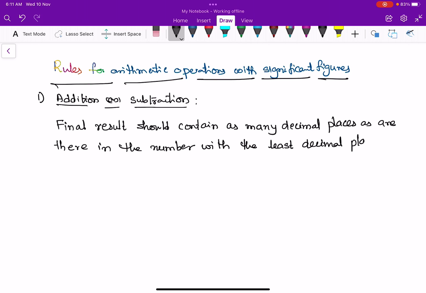Simple logic. Just observe and compare all the numbers, how many digits are there after the decimal. Then we can easily find out.